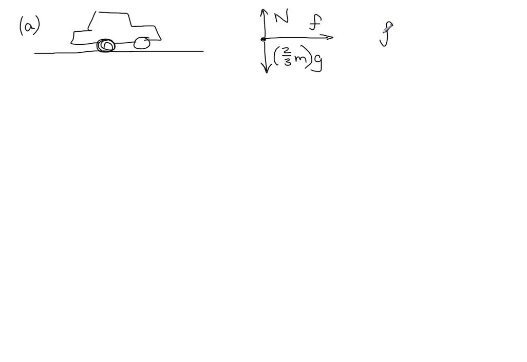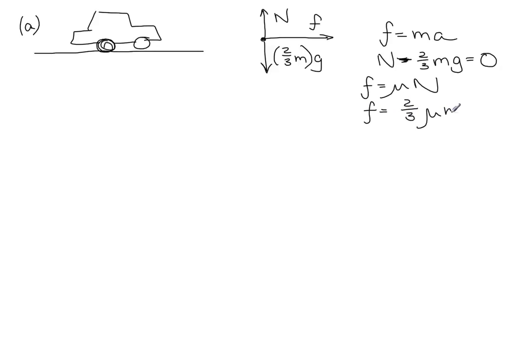So we can make our equations. The friction is equal to mass times acceleration of the car, and the normal force minus 2/3 mg is equal to 0. We know that friction equals mu times the normal force, so that means that the friction is equal to 2/3 mu mg.